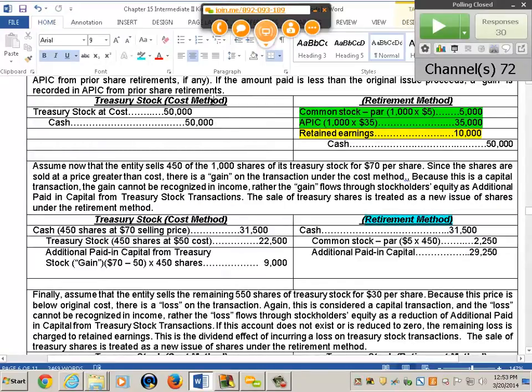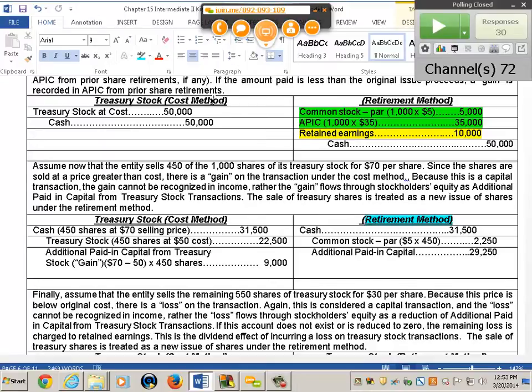I'm going to debit the cash account for, in this case, 450 shares times $70, which is $31.5. I credit 450 times 5 at par, and the difference goes into paid-in capital. All right, together $65 times the 450.